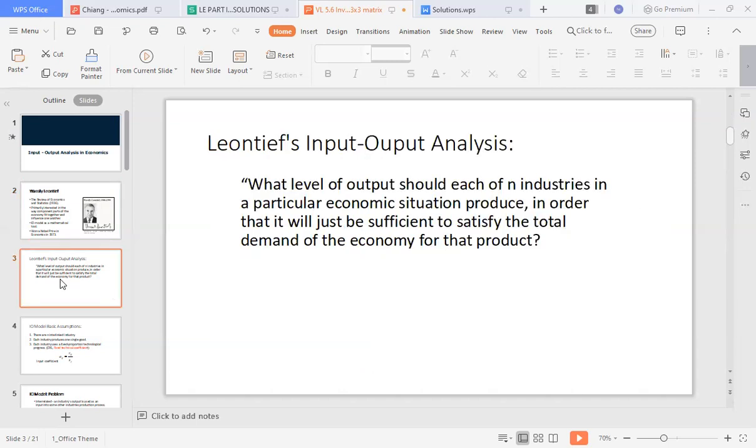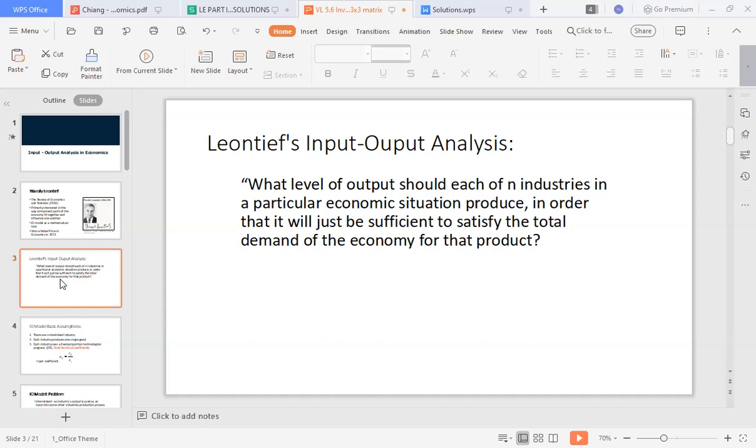Now, Leontief's input-output analysis tries to answer this question: what level of output should each of n industries in a particular economic situation produce in order that it will just be sufficient to satisfy the total demand of the economy for that product?